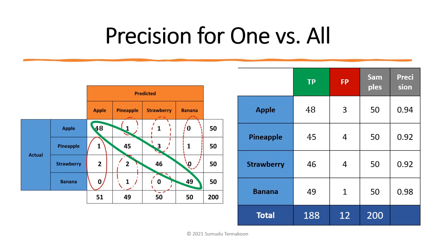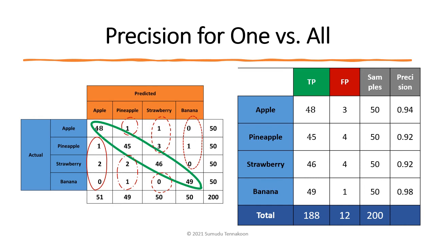In this example, we are going to use the one versus all case. So we think, okay, if we take apple as the classifier, we get apple or non-apple. So the number 48 will be our true positive, as you see in the right side plot.